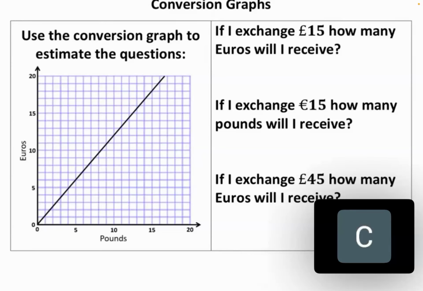Can you see that for the pound side, if I trace 4 up to the graph, it will give me 5 on the euro side. £4 will give me 5 euros. Do you see that? So 4 is our x1 and 5 is our y1.